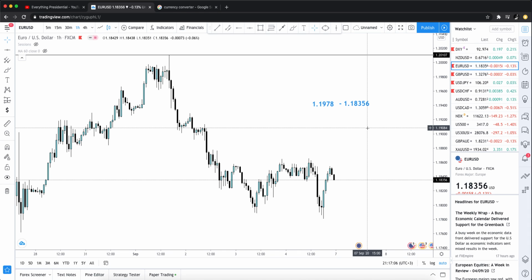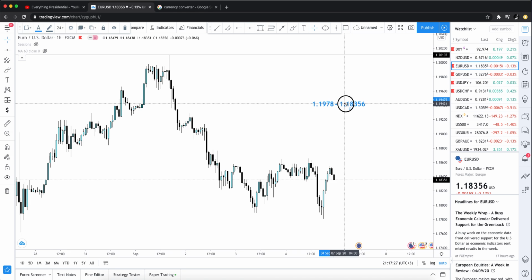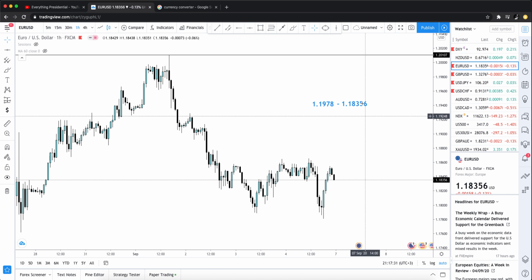So 1.1978 minus 1.18356. So you get 0.014. 0.014 times 100 is basically 1.4%. So you're multiplying the answer of this subtraction with 100, and that is going to give you the percentage.